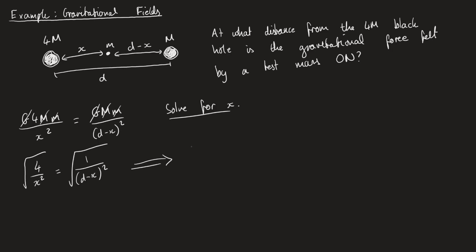The square root of 4 is 2, the square root of x squared is just x, the square root of 1 is 1, and the square root of d minus x all squared is just d minus x. And so this is a much easier equation, and the better thing about this is it's linear, so I have no squareds involved, which means I'm only going to get one solution, which is the correct way to do this.